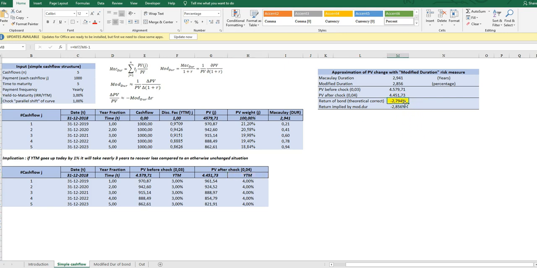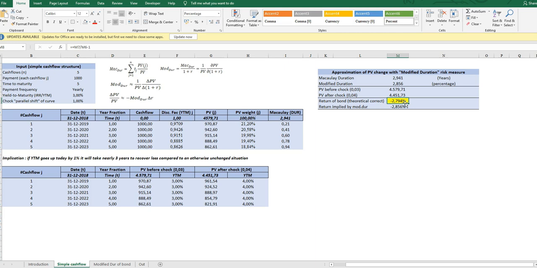The theoretical PV change of the cash flow, or the bond, if we assume it's a bond, is minus 2.79. So this one divided by this one, minus 1. That's the theoretically correct price change given a 1% change upwards in the interest rate.